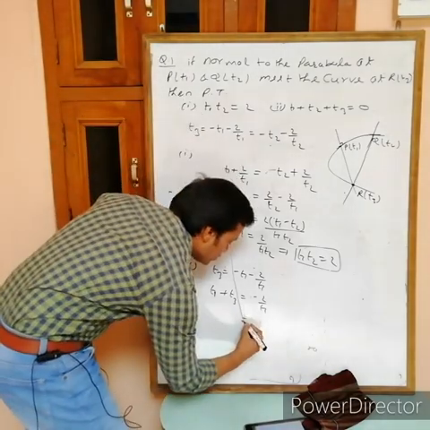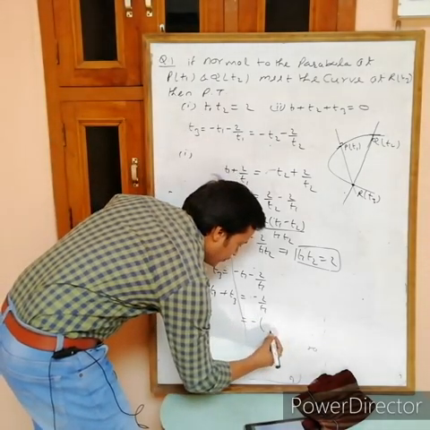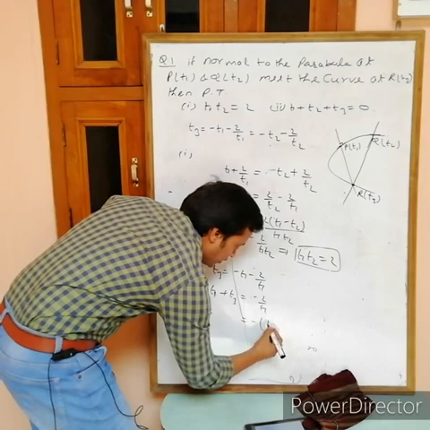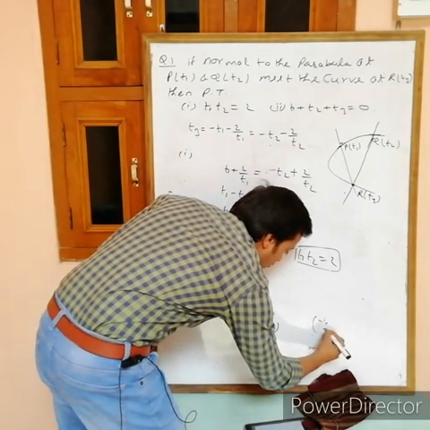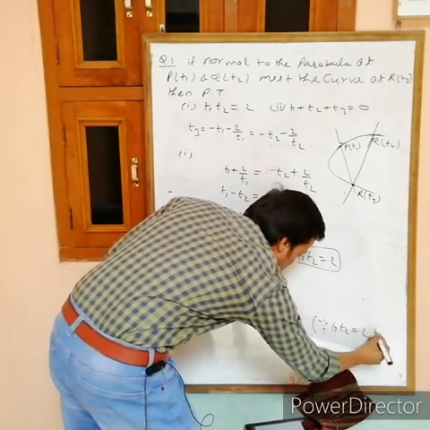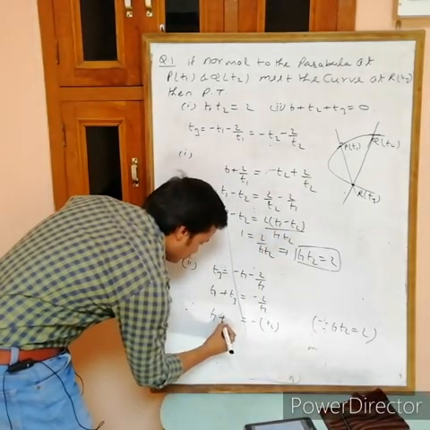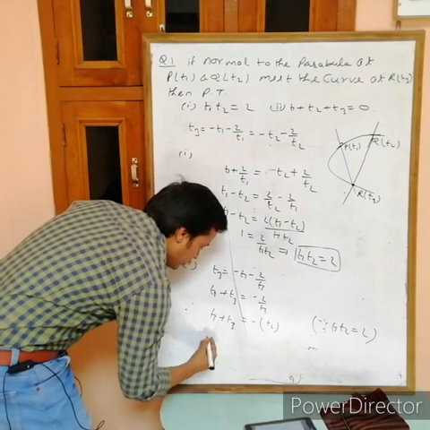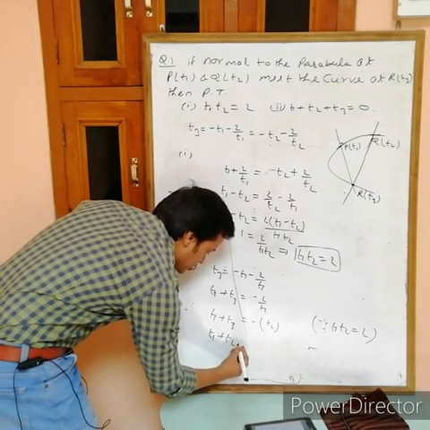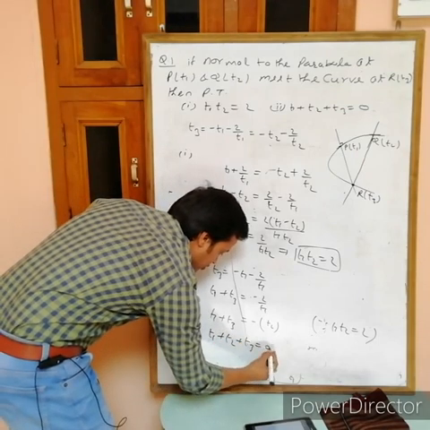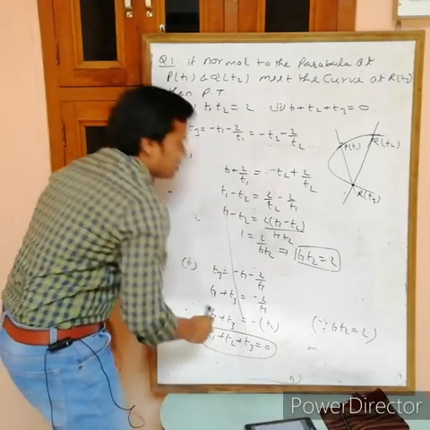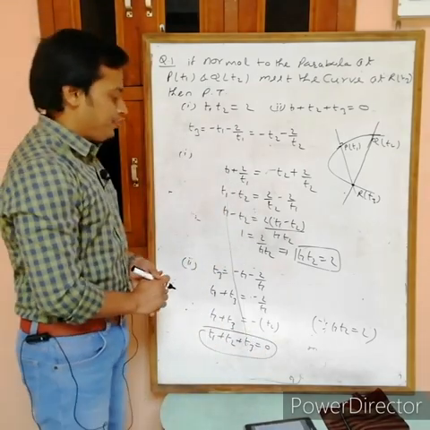So I can write this as minus T2. Now taking minus T2 to this side, we get T1 plus T2 plus T3 equals 0. Okay, the second part is also done.